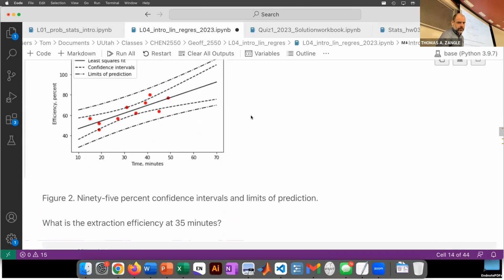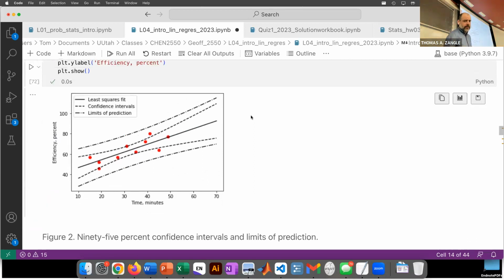which is done here. I just want to skip ahead to the plot, which is showing us the original data in red. The line is our least squares fit, our A naught plus A1x. So when we plugged in at 35 minutes and asked what the estimated value at 35 minutes is, that's the value that lies directly on that line.